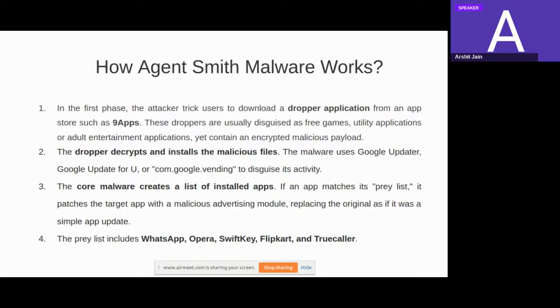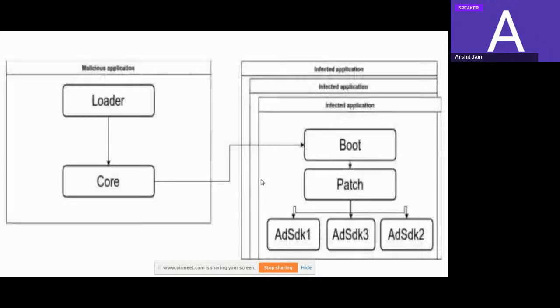This malware has already created a prey list of targeted apps to provide with malicious advertising modules, or to show ads without any context, and the list included famous apps like WhatsApp, Opera, SwiftKey, Flipkart, and Truecaller. So what was the flow?